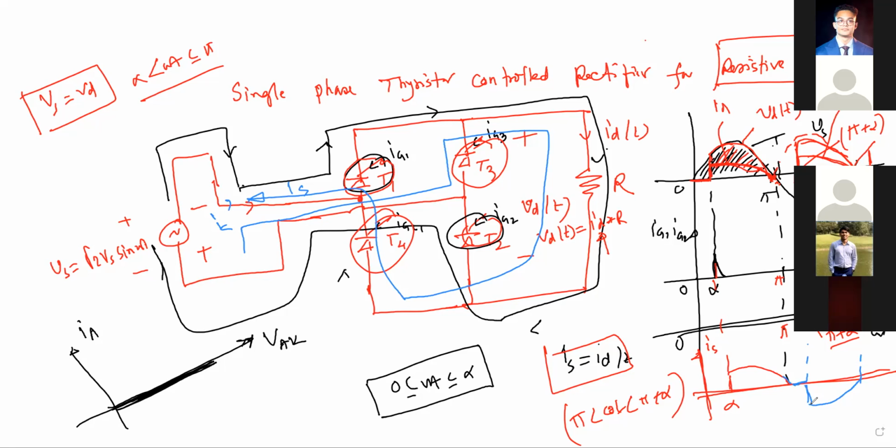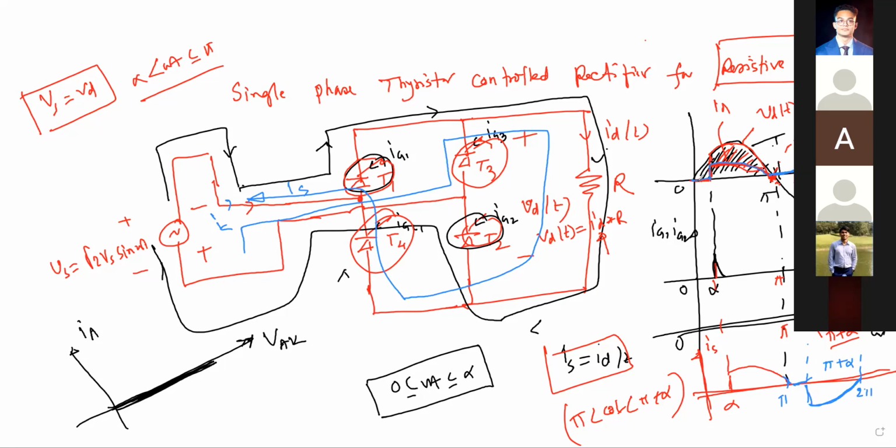So is the current continuous or discontinuous now? This is your pi, this is your pi plus alpha. So this is your IS. Is the current continuous or discontinuous? The load current, the source current, also the load current. For the resistor, you look here, the current is 0, and it will keep 0, and then.